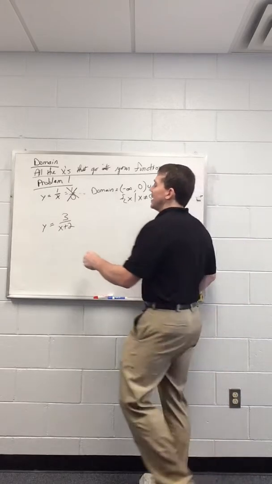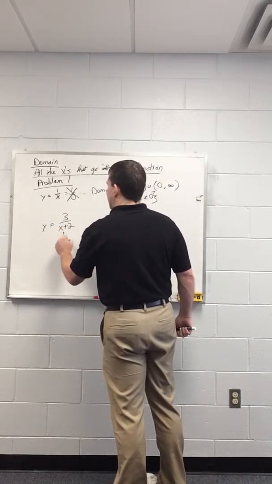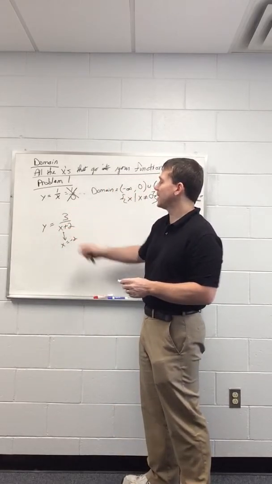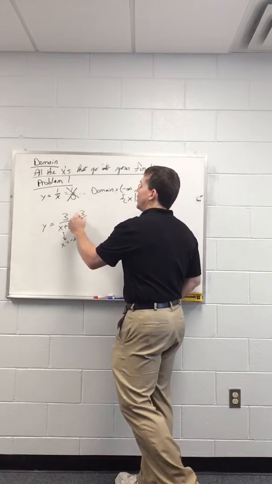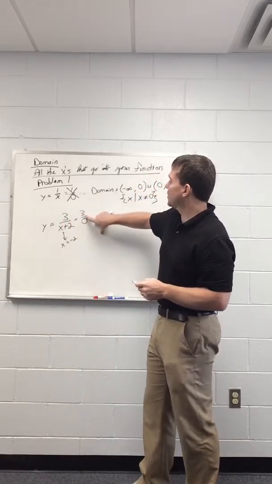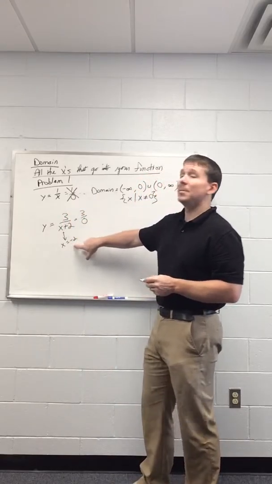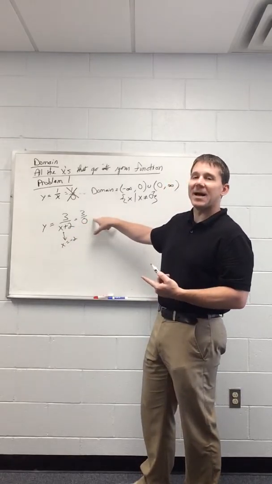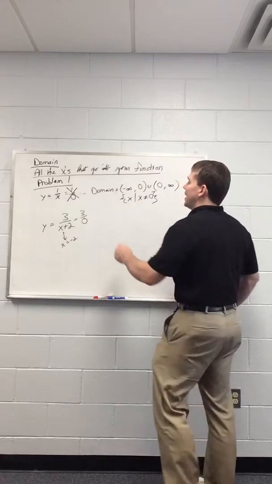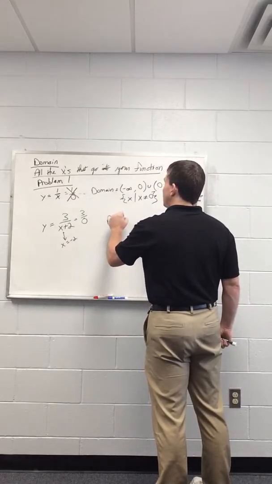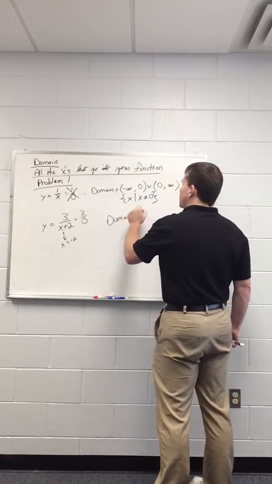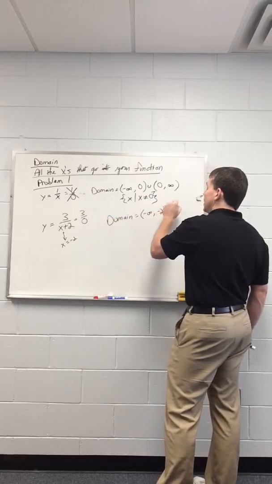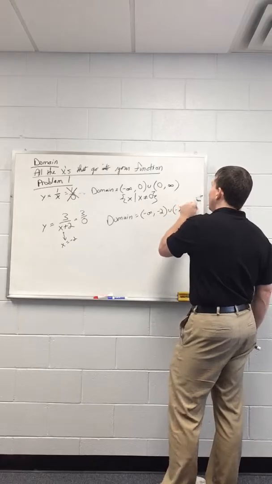Here it's pretty obvious. If x is equal to negative 2, I'll get 3 over negative 2 plus 2, which is 3 over 0. That tells me negative 2 will be a problem, because that's an x that will make this thing undefined. So for my domain, I can't include the things that cause a problem, so my domain is negative infinity to negative 2, union negative 2 to infinity.